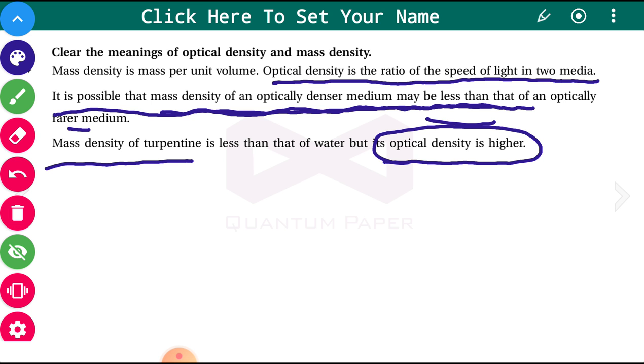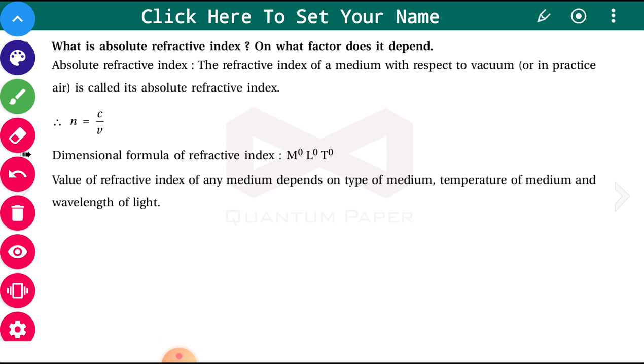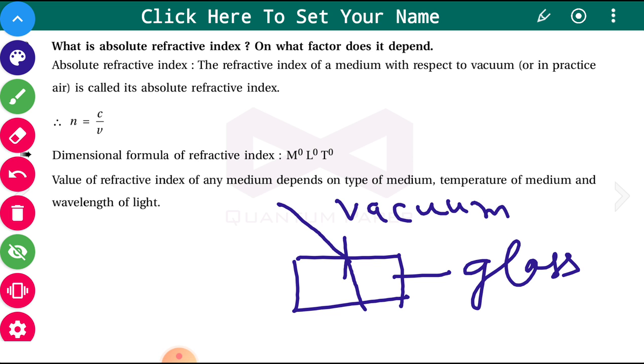Now we have absolute refractive index, whenever the speed of light is compared with the speed of light in vacuum. Say for example you have this particular medium, say glass, and the ray of light is moving from air or say vacuum to this glass, and as you know it will bend towards the normal, because vacuum is an optically rarer medium and glass is an optically denser medium.